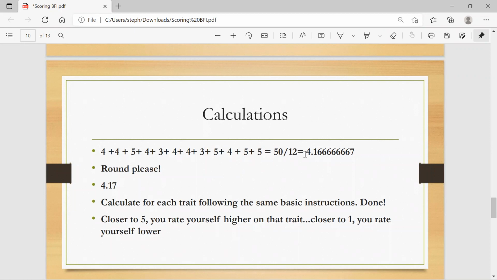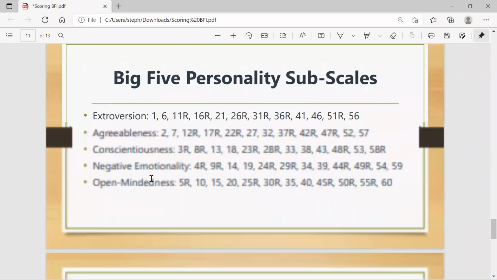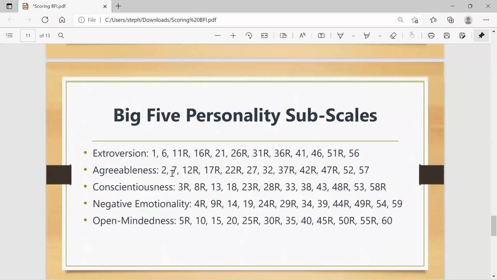So for extroversion, if you score closer to 1 or 2, that means you're more introverted, right? For something like neuroticism, stability, if you score a 5 or something closer to a 5, that is neuroticism. Closer to a 1 means pretty stable. So here are the subscales, and it tells you which ones that you have to reverse code.